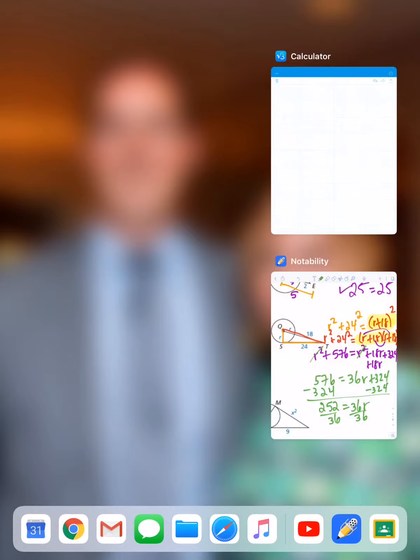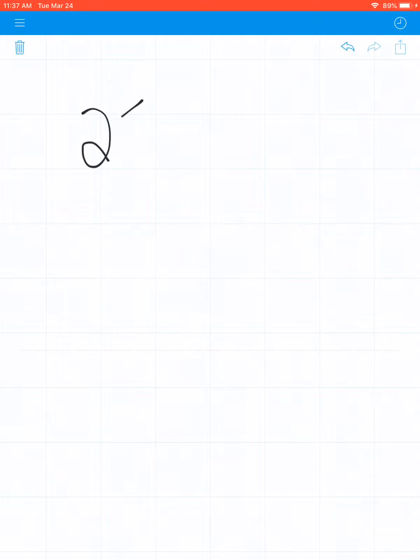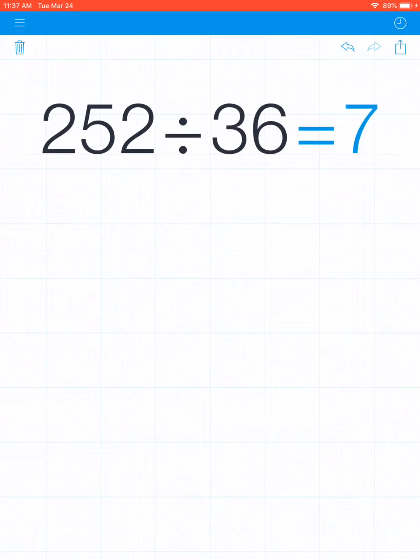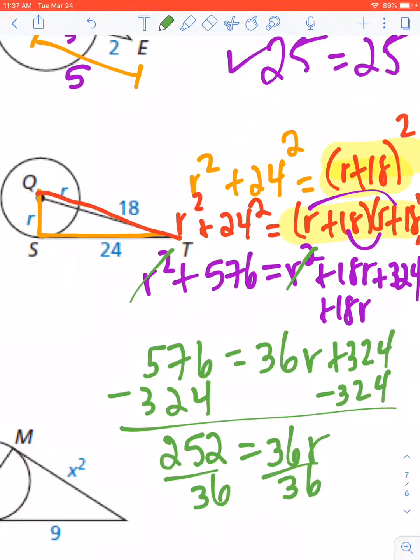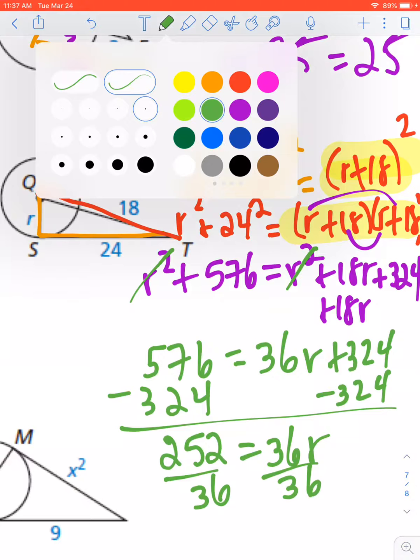Oh, nope, that didn't work. I thought it would work, and it didn't. 252 divided by 36 gives me a final result of 7. And let's box that up.